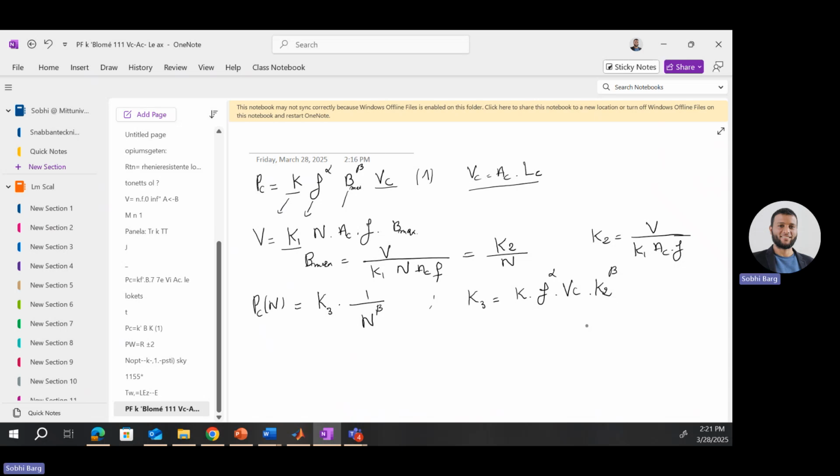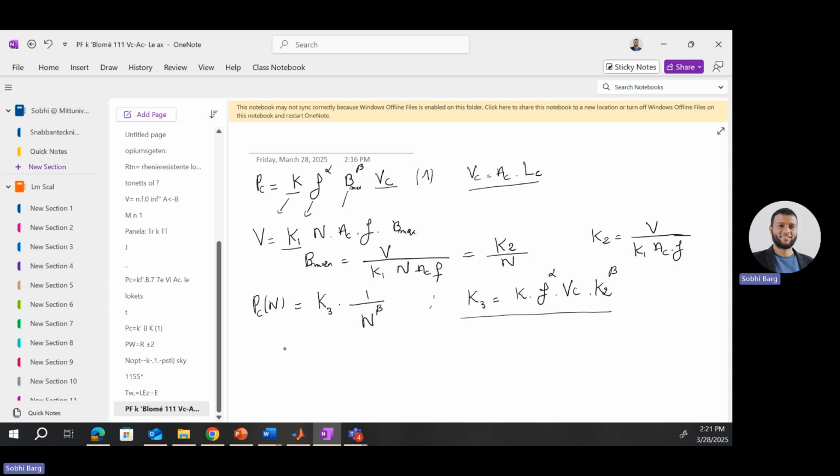So that one is K3. You can do some simplification because here Vc is also a function of Ac and K2 is also a function of Ac. So you can do some alteration to this equation, but since it will not affect the optimization process, we'll keep it as K3.